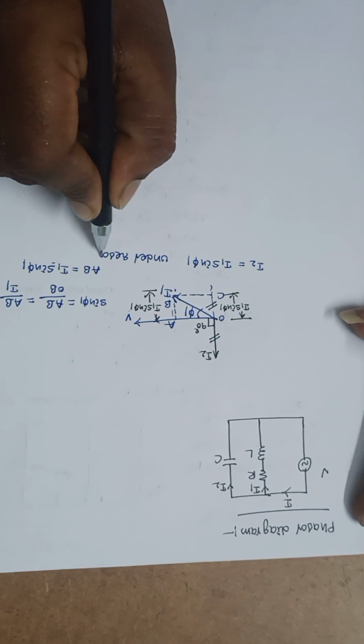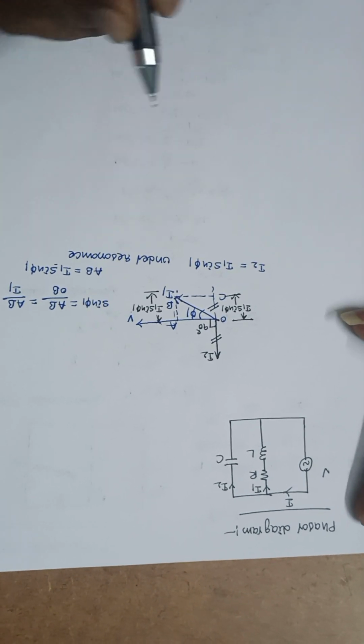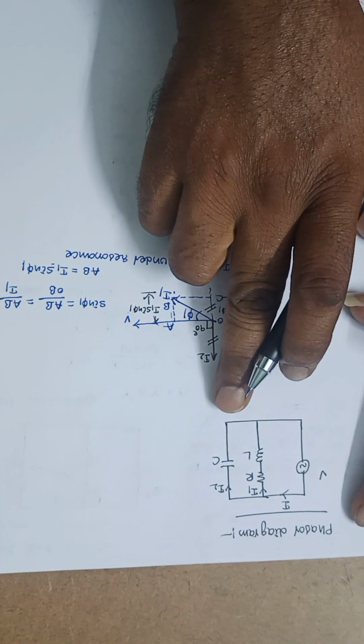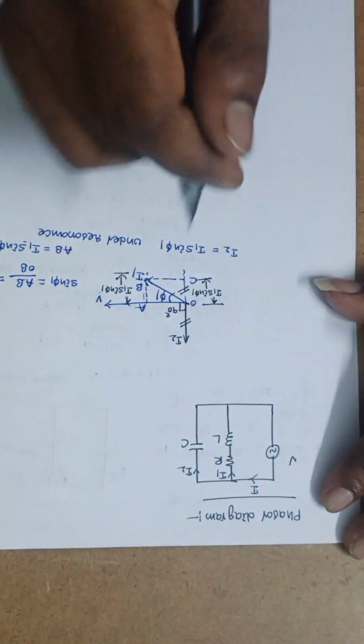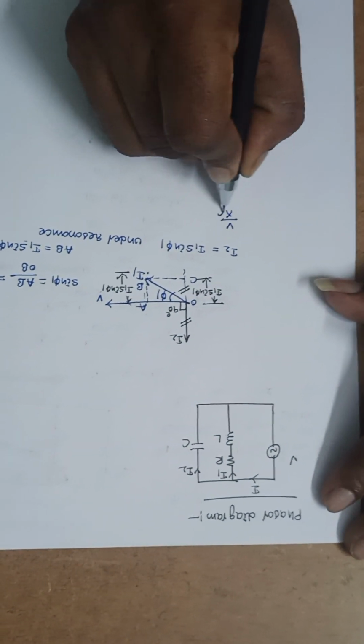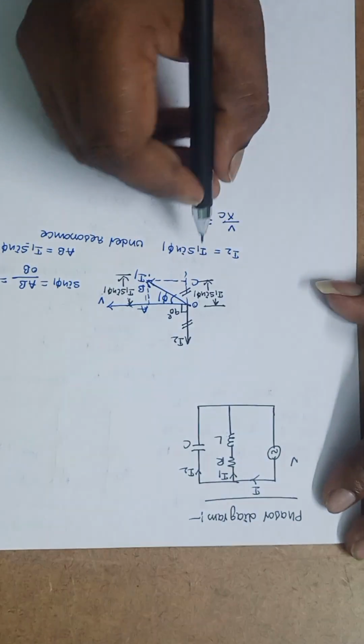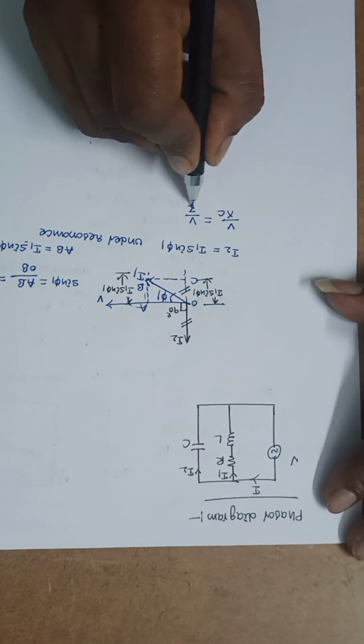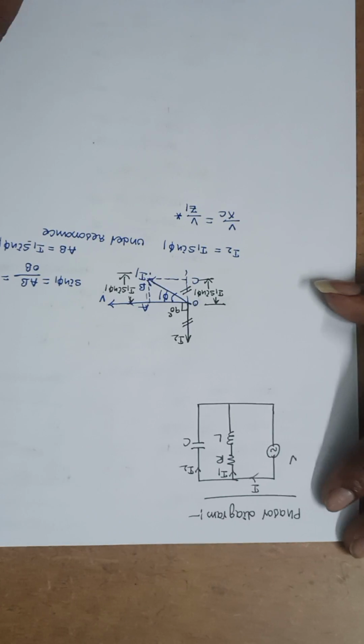Now what is this I2? This voltage divided by XC. V divided by XC is I2. What is this I1? V divided by, let us consider this impedance is Z1, and sin phi 1.